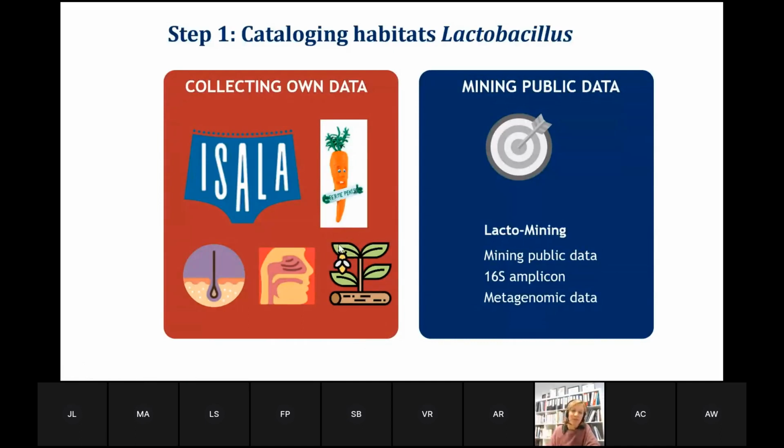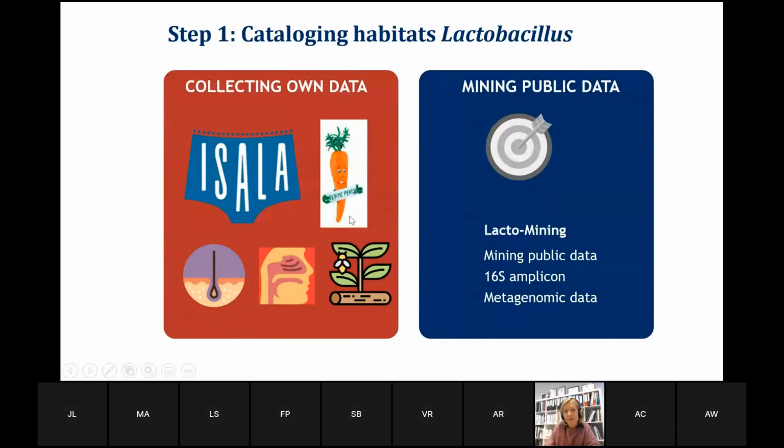It should not be a surprise that, for example, the gut or human fecal samples are heavily sampled, while vaginal samples of healthy individuals were actually almost not available when we started our project. And it was the same for dairy. The cheese industry and the dairy industry is really big in the Benelux area. But fermented vegetables and other habitats for fermented foods were much less explored.